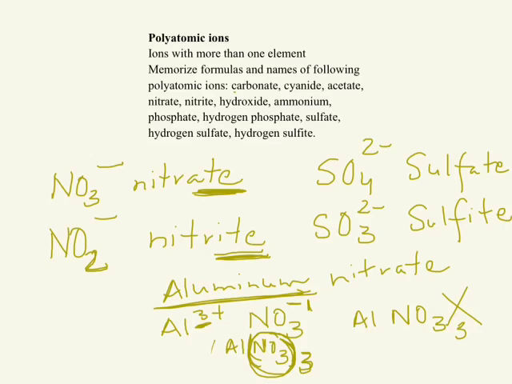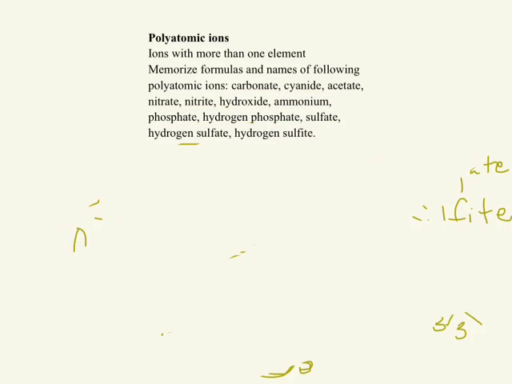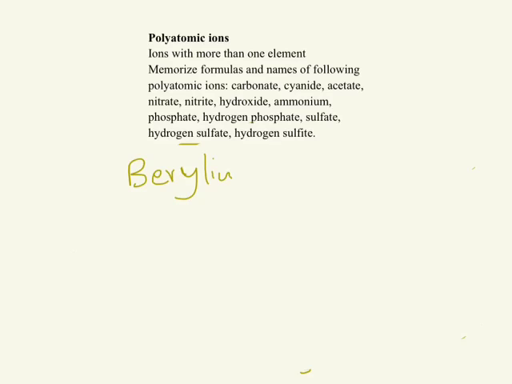Make sure you know the formulas as well as the names of all these polyatomic ions, and you should be able to write down the formulas. Let me take one more example, a different kind: beryllium hydroxide.